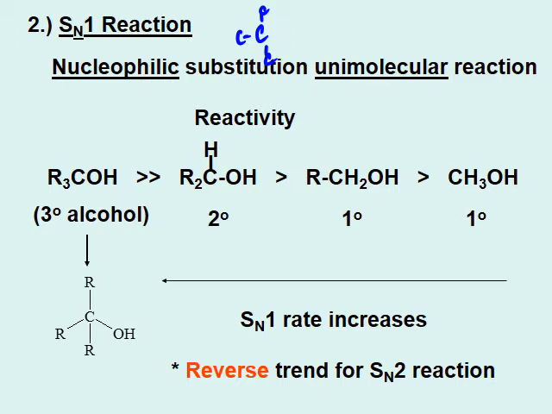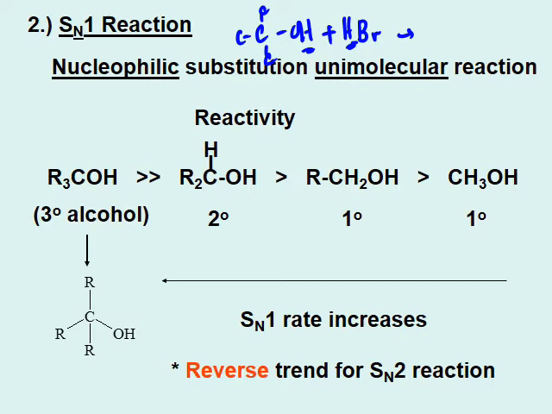And say I have OH here, and I want to react it with HBr. So what's going to happen is H is first going to get bonded to this OH. So let me show you this.